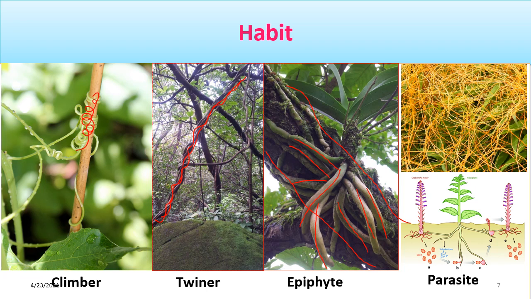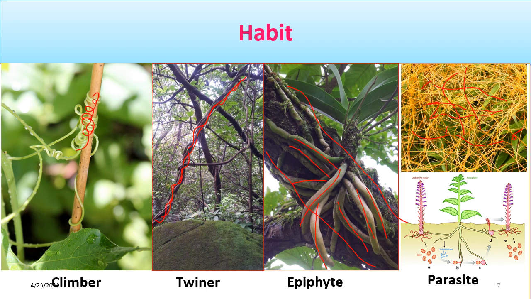Here you can see Cuscuta, where beneath you can see green colored leaves, and all these yellowish colored stems are growing very luxuriantly, and actually they are penetrating their root haustoria in the phloem region, xylem region of the host plant, and they are drawing water as well as nutrition from the host plant.